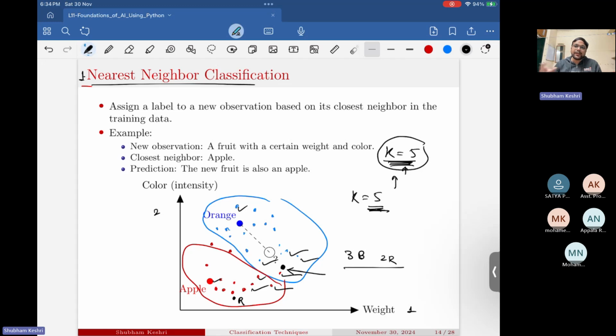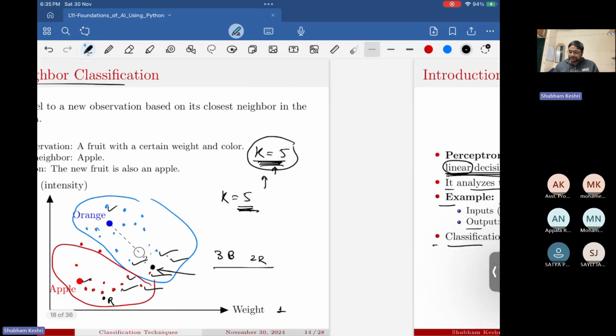Or the other way around, in 2 dimensions, a hyperplane is a line. In 3 dimensions, a hyperplane is a plane. I hope I was able to convey the idea. So a hyperplane is a term which is used synonymously with what a line is in 2D, a plane is in 3D, for n dimensions. All right. It is a hyperplane in n dimensions. It is that plane in n dimensions which separates the region into two groups. Okay.